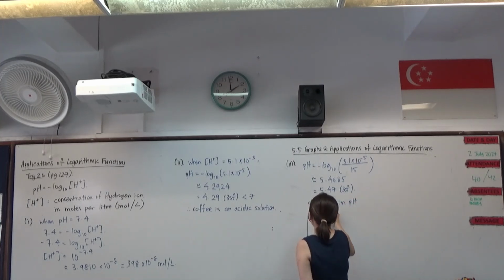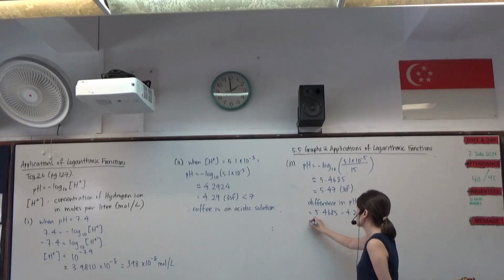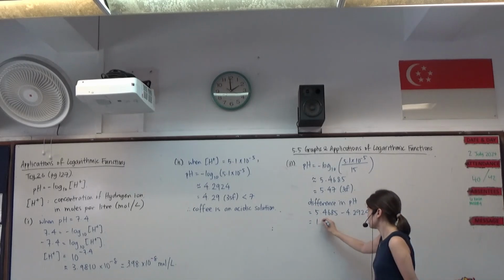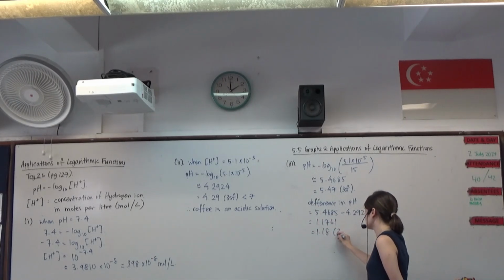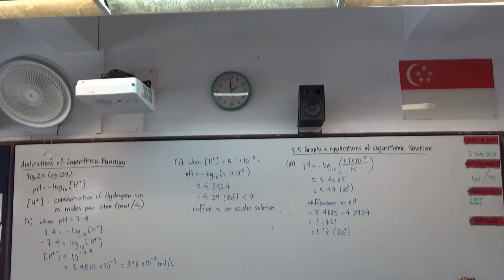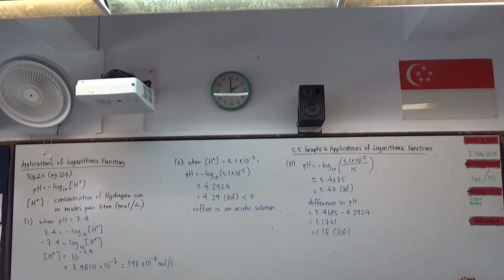You will get 5.4685 minus away 4.9, and we get about 1.1764. Bear in mind that we should have our intermediate working in truncated 5SF instead of using 3SF values, for accuracy.